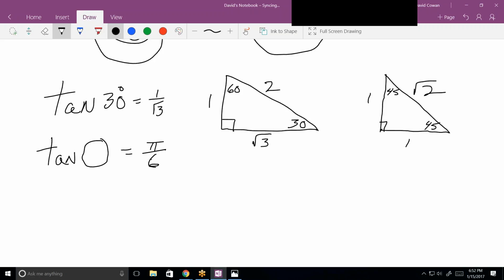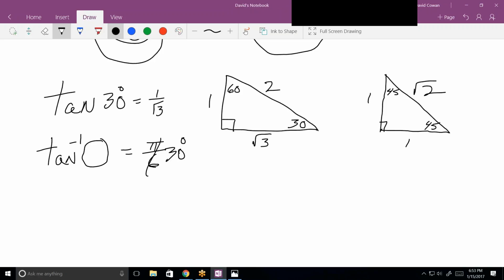So that something would be what, if it was positive? In other words, this is 30 degrees. So if the tangent of 30 degrees is 1 over square root of 3, then the inverse tangent of what equals 30 degrees? 1 over square root of 3.